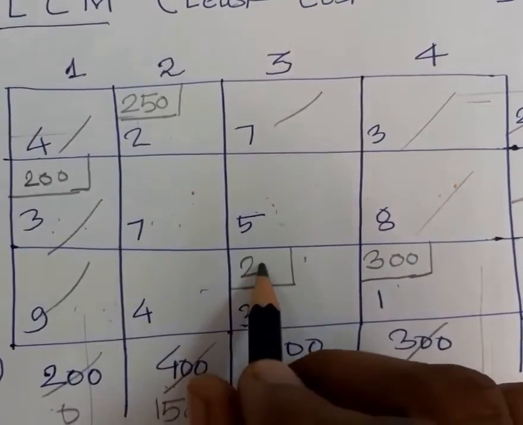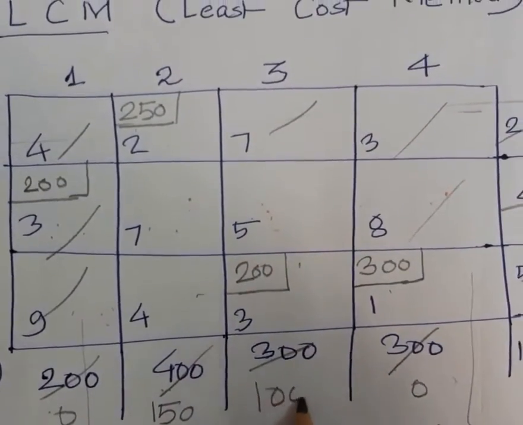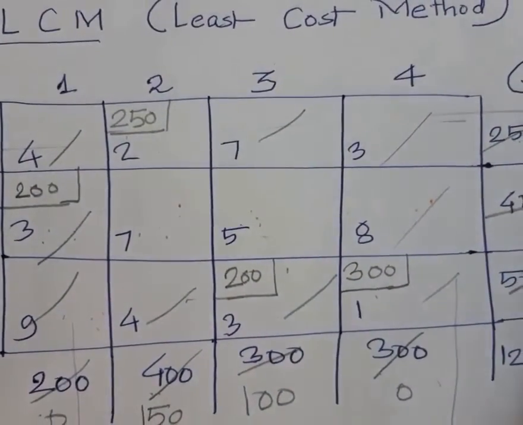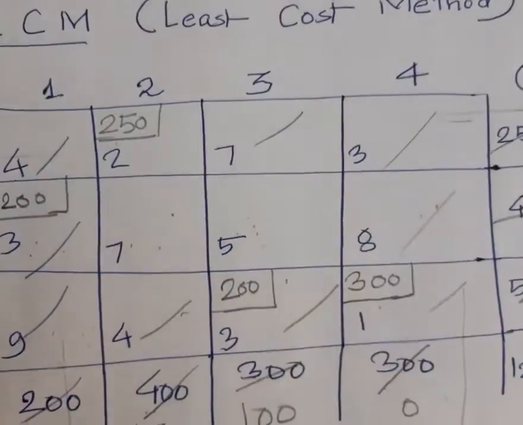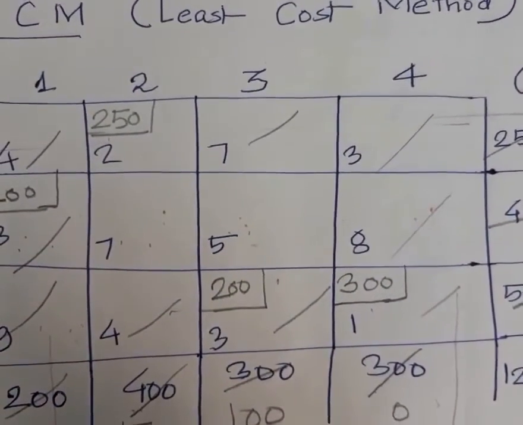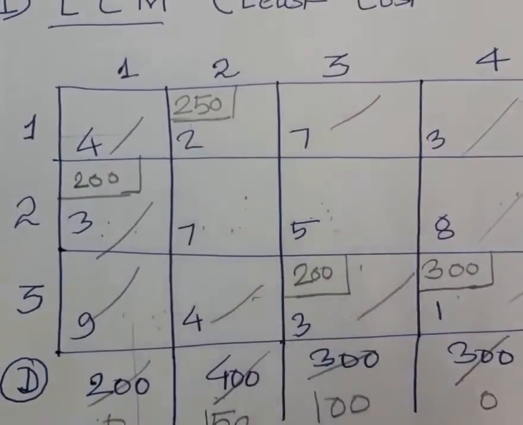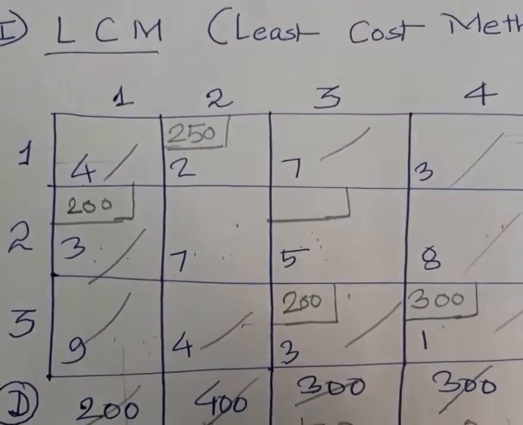Yes, 200. This will become 100. This will be exhausted. Okay, this will become 0. Now I am having only 2 cells, this one and this one, so that the least is 5.